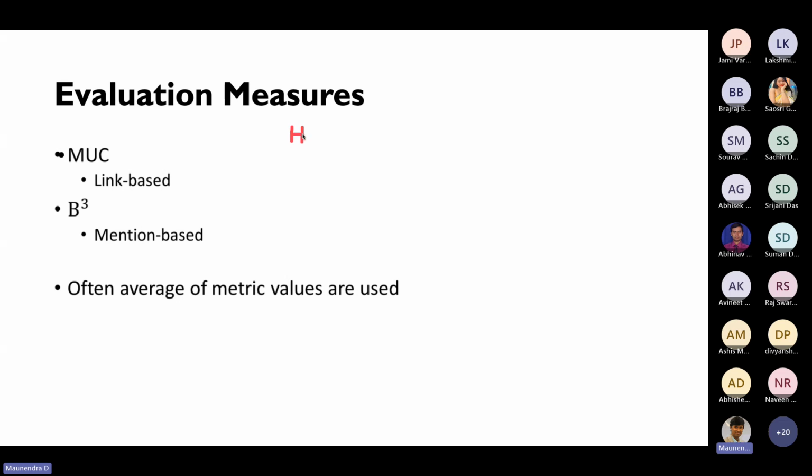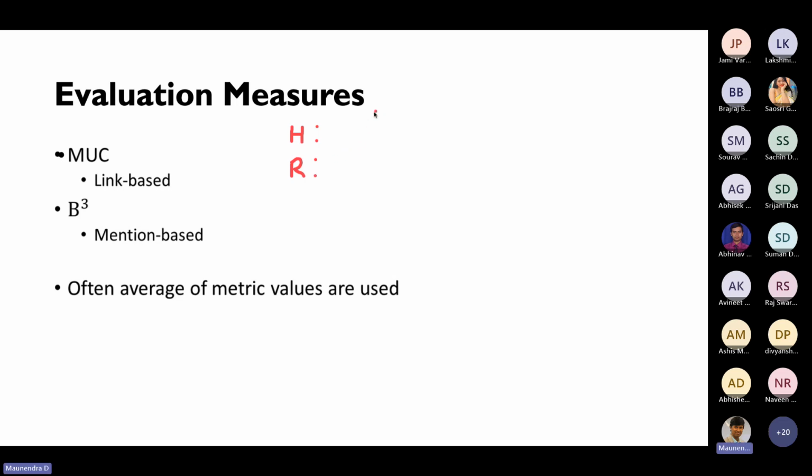So H can be the hypothesis, something that the algorithm has given, and R contains the reference clusters. Inside a cluster, there are spans which are co-referents.